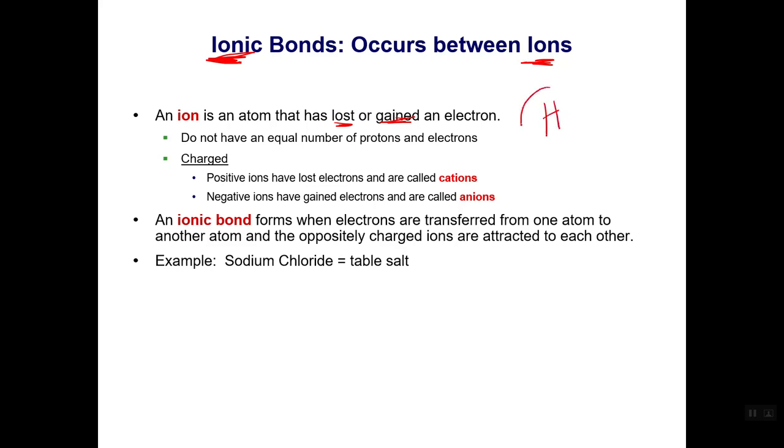So if we have a hydrogen atom, it has a proton. I guess I'll write P like that. And it has an electron, right? Because it's the number 1 on our periodic table. We've got 1 proton, 1 electron. If we gain an electron, then we have 2 negative charges and 1 positive charge. And so they're no longer equal, right? So that's what an ion is.